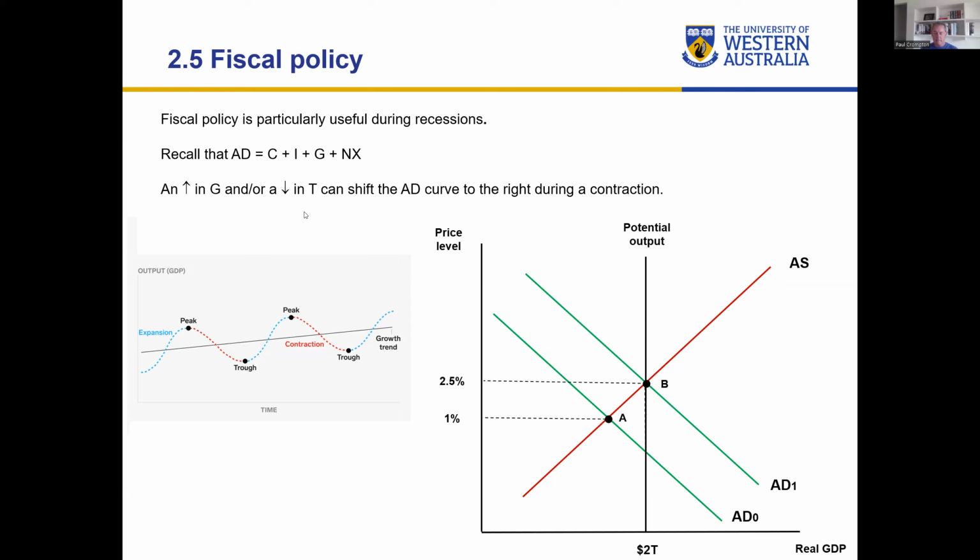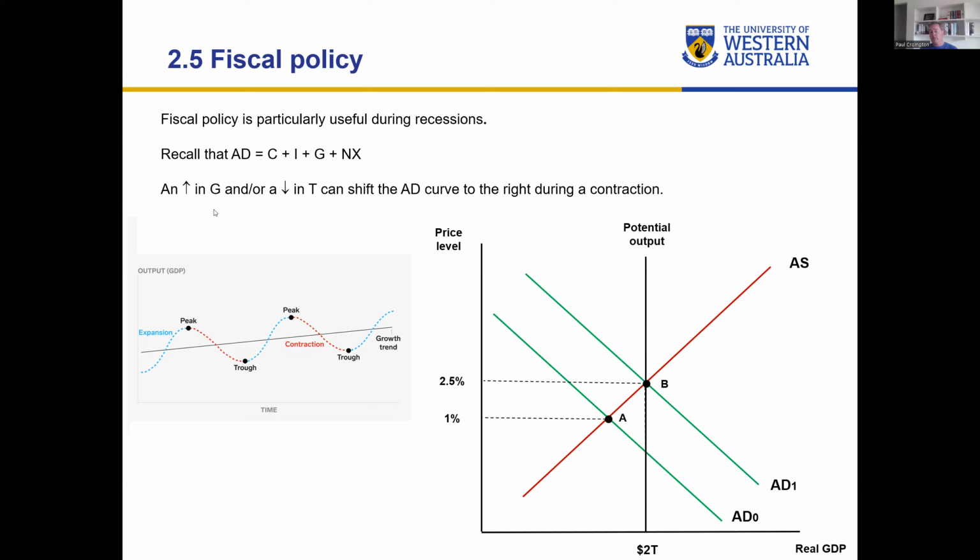Your disposable income is your income minus your taxation. So if taxation falls, then income minus taxation increases, so your disposable income increases. And with more disposable income, chances are consumption spending will go up a little bit.